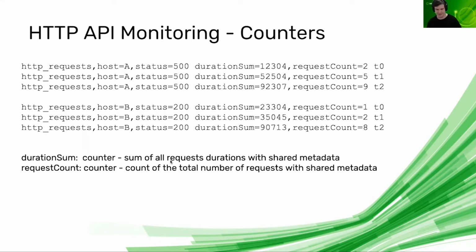And so if we were going to apply a poll style counter method to trying to do RED style monitoring, the way that we would construct that is we'd have something like a measurement called request, then 2 tags, one for the host and one for the status. I want to call out here explicitly, note how there is no request ID. The reason for that is we cannot identify individual requests.